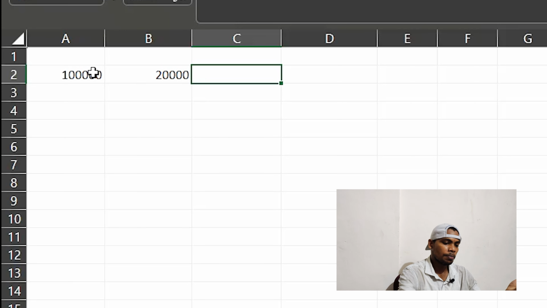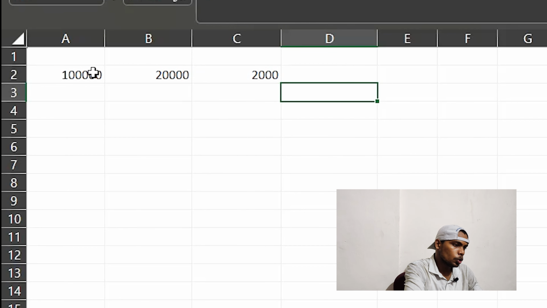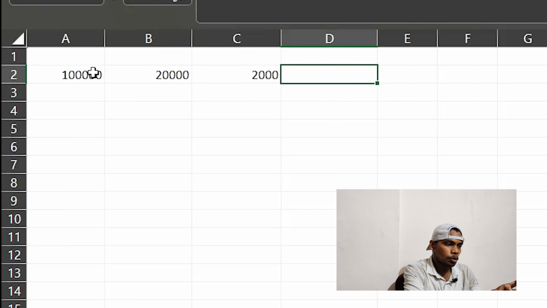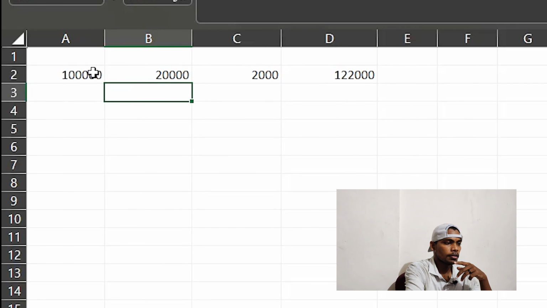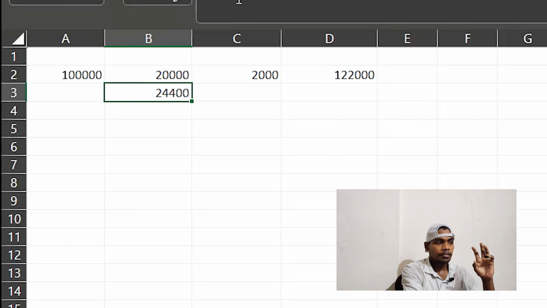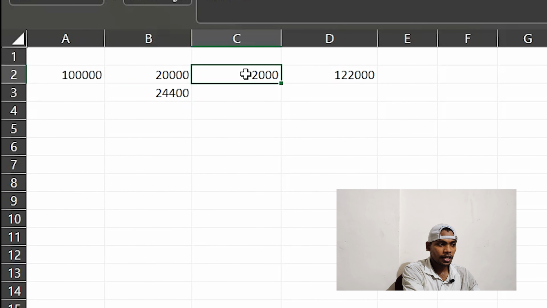So now let's say we have a P&L of about 2,000 profit. So overall our equity comes to, let's say, 1,22,000. So out of this 1,22,000 we have to estimate our 20% capital, which is 24,400. And let me remind you, this 2,000 is not a booked P&L. This is an unrealized P&L.